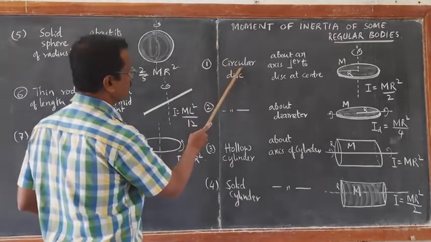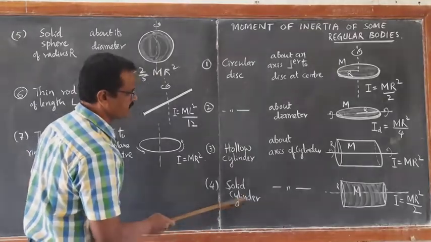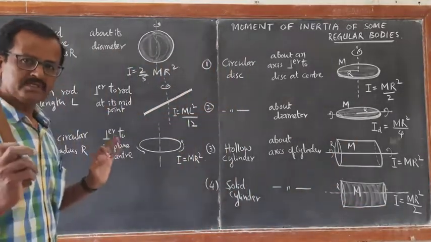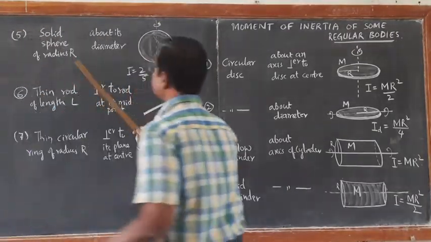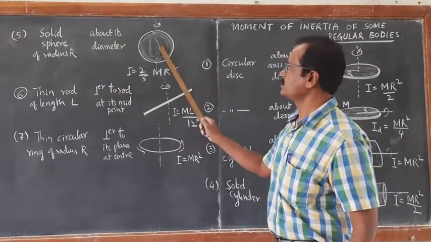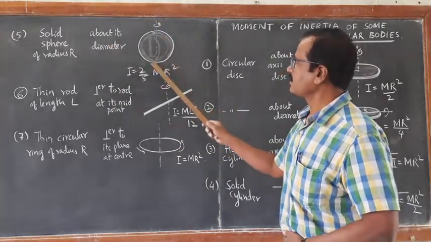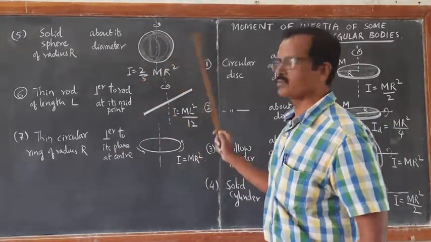That of a disk of mass m radius r and a solid cylinder of mass m and radius r are the same. Easy to remember. Then the moment of inertia of a solid sphere about an axis passing through its diameter is 2 by 5 mr square.